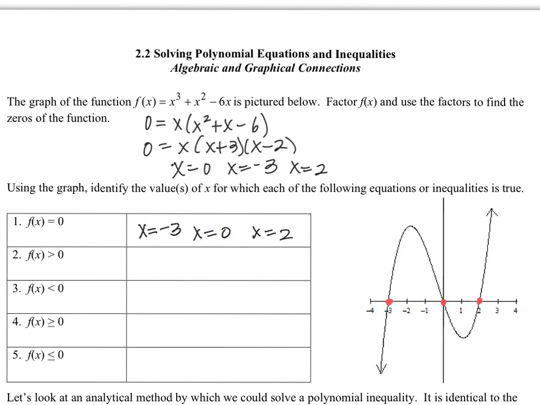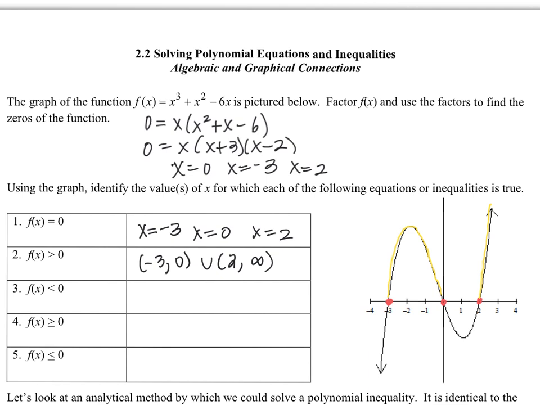Now notice on number 2 it says f of x is greater than 0. So you look at the picture and say, where is it greater than 0? Well, I know it's greater than 0 in this part and this part. You see how it's above the x-axis right there? So it is greater than 0 on the interval from negative 3 to 0, and then again from 2 to infinity.